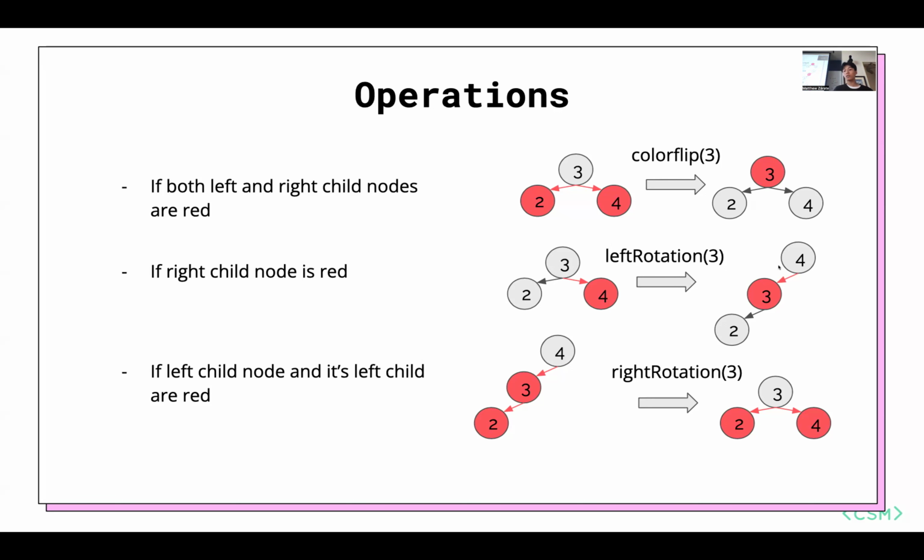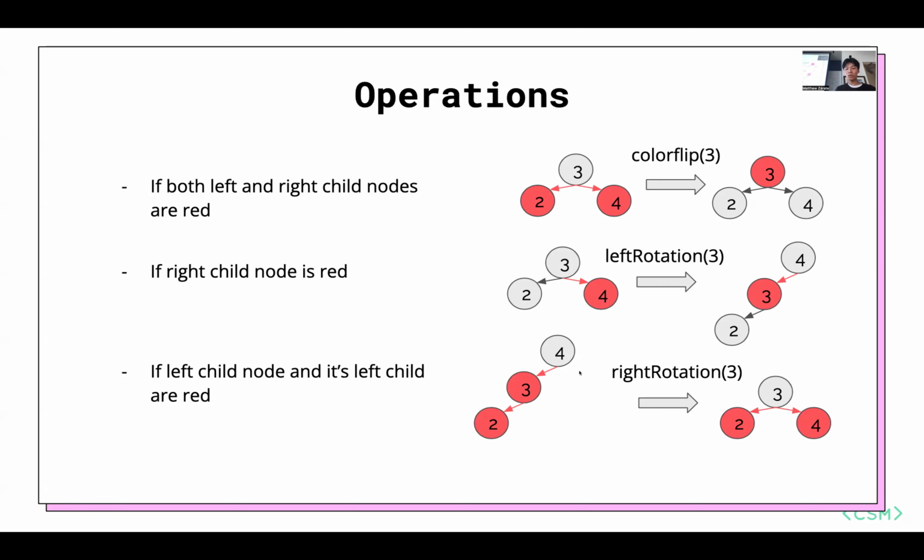So 4 now becomes the parent with a left-leaning red link to 3, and then a subtree of 2.